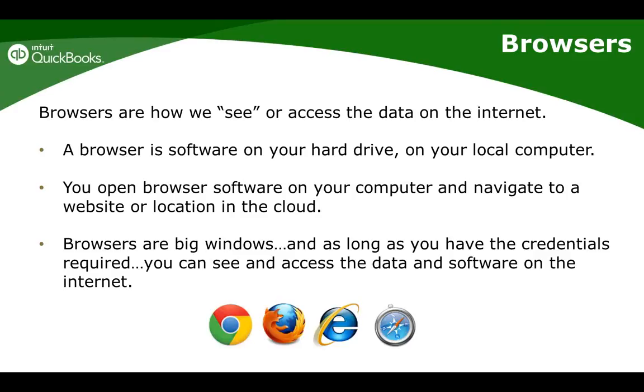You use the browser to log into Facebook, Google, LinkedIn, online banking, Twitter, eBay, Amazon, YouTube, Yahoo, whatever you're doing, you're using a browser. So I'm sure at least one of the 4 icons there at the bottom of your screen should look familiar to you. We've got Google Chrome, Firefox, Internet Explorer, and Safari. Chrome is my favorite browser. And Chrome is also the preferred browser for QuickBooks Online.